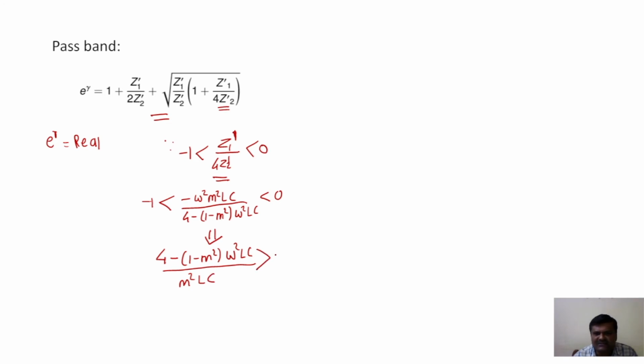Right here omega square should be less than this value and greater than 0. So right here e raised to gamma is real when it satisfies the condition. This is a condition. So our next aim is to calculate a cutoff frequency.